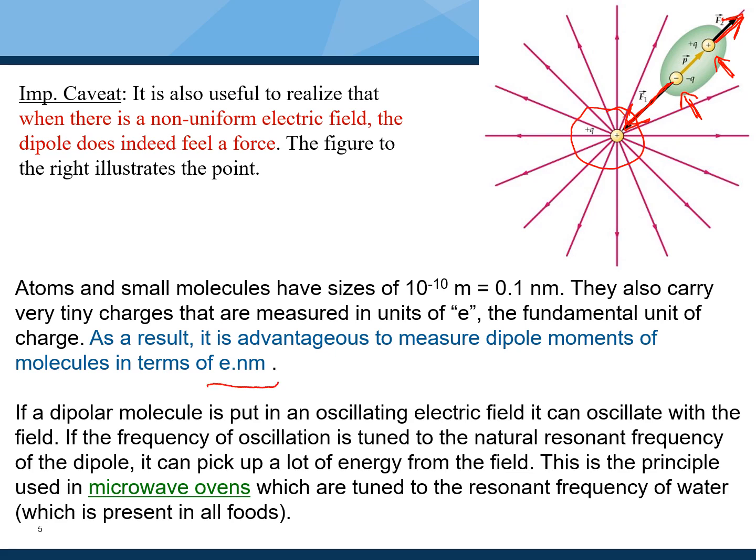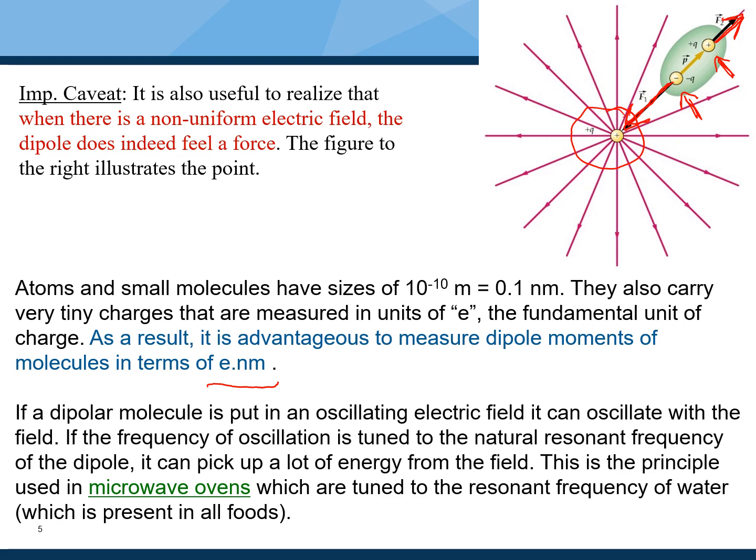Now, dipoles are very useful. For example, your microwave would not work if it were not for the fact that the water molecule is itself dipolar. We'll see a picture of the water molecule in a couple of transparencies and understand why it is dipolar. But it turns out that the water molecule likes to resonate at a certain frequency.